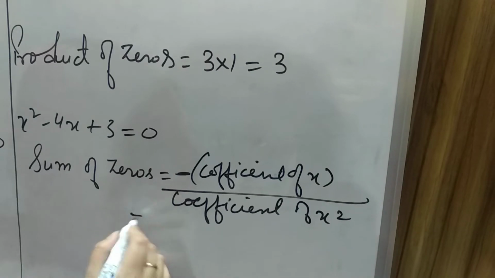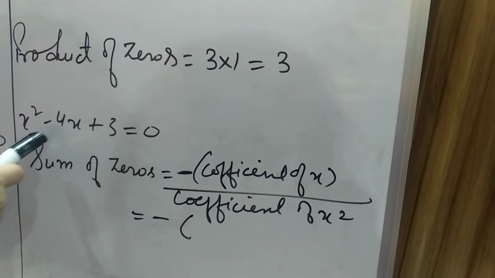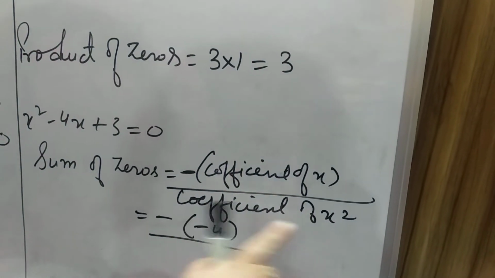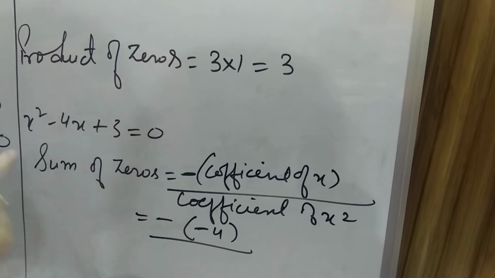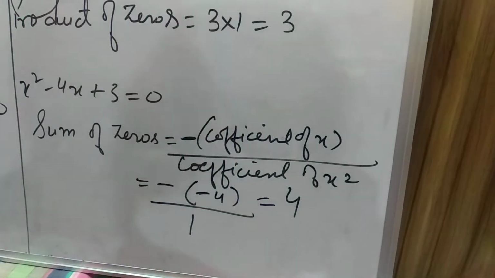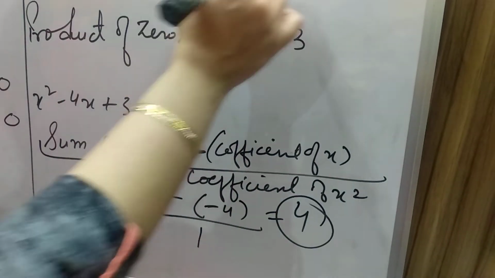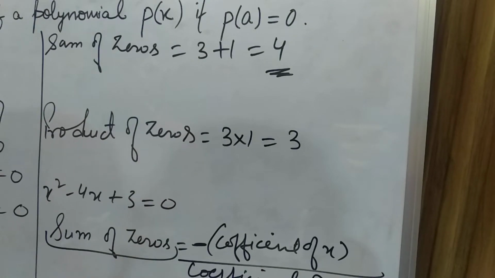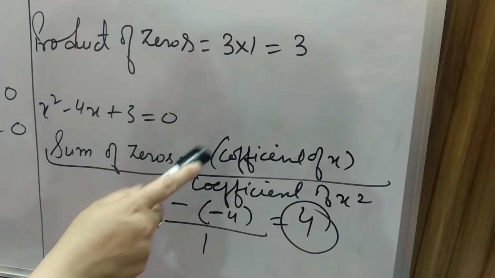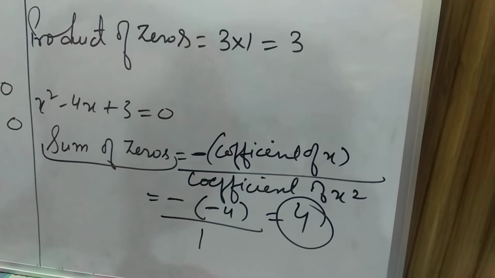Minus coefficient of x is minus of minus 4, upon coefficient of x square, which is 1. If we solve it, minus minus is plus, that is equal to 4. It means the sum of zeros is equal to 4, and here also the sum of zeros is equal to 4. So the sum of zeros is always equal to minus coefficient of x upon coefficient of x square.